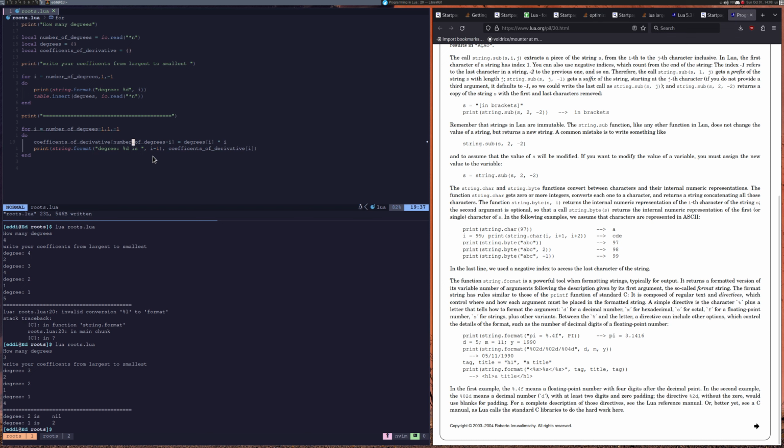Man, I've been spending too much time on this. Man, I really wish Lua arrays started with 0, you know. Make things easier.